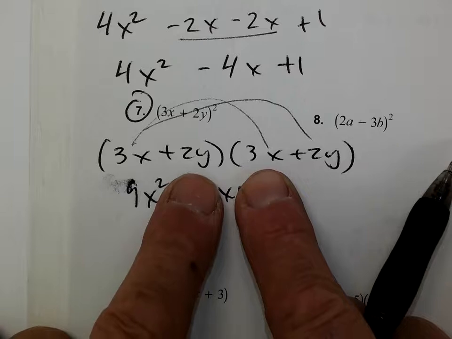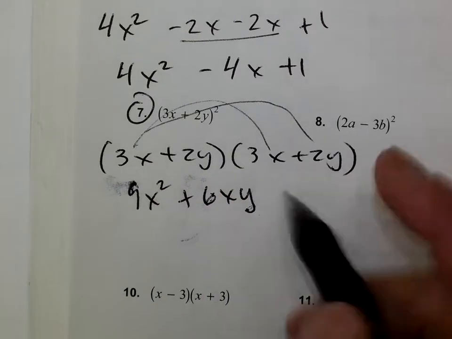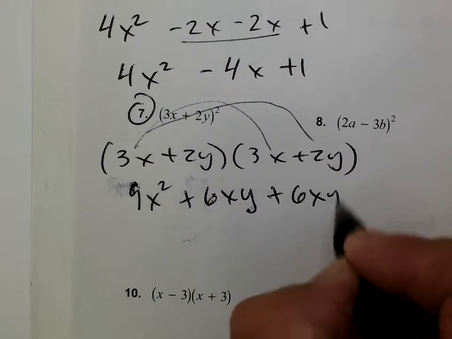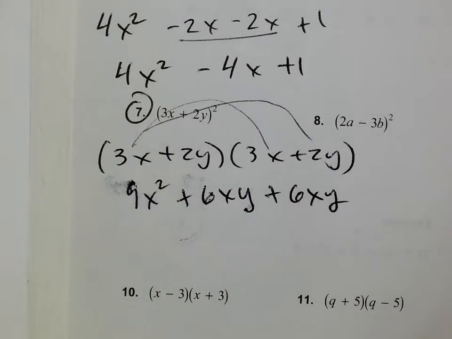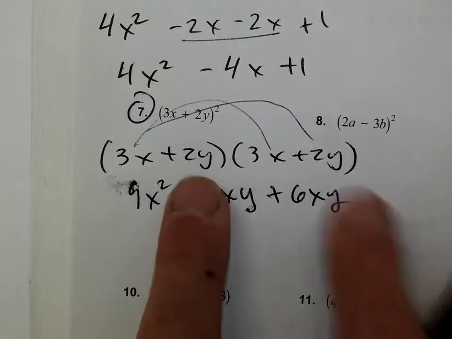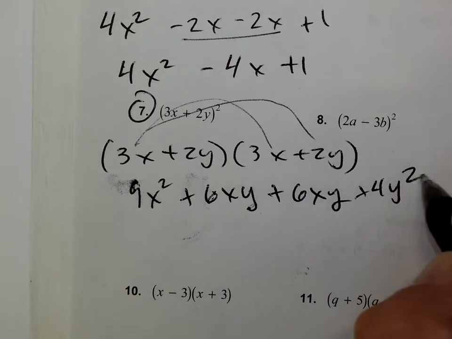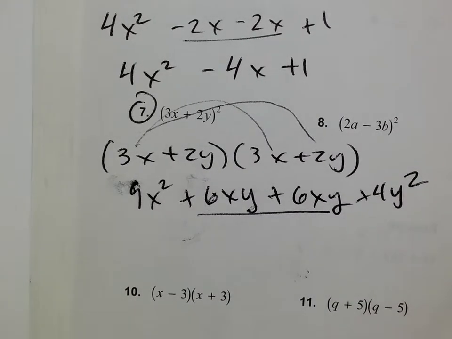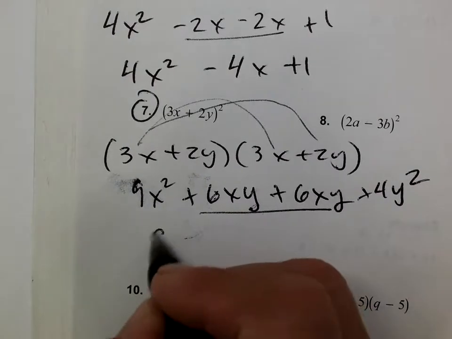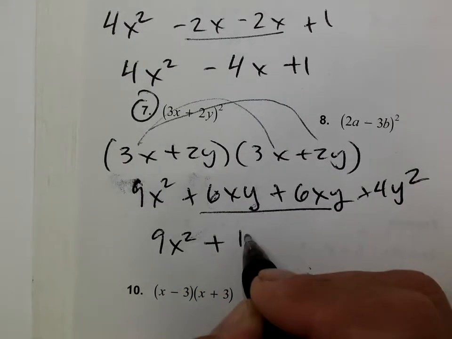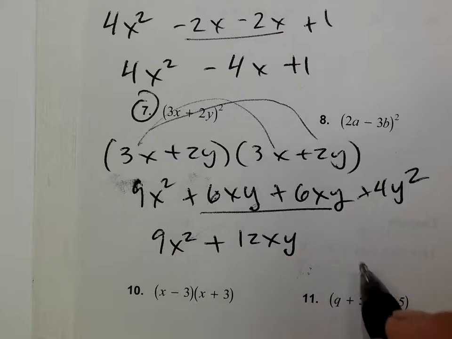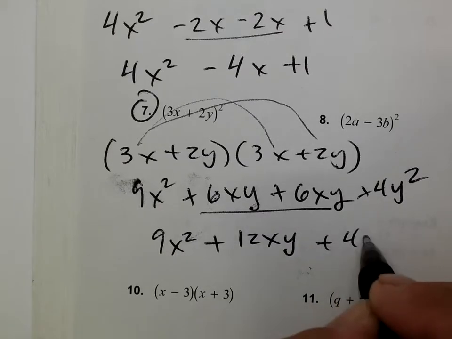This will give me a 6yx, but that's the same thing as 6xy, because when you multiply, the order doesn't matter. Then a positive 4y squared. Combining the two middle terms, we get 9x squared plus 12xy plus 4y squared.